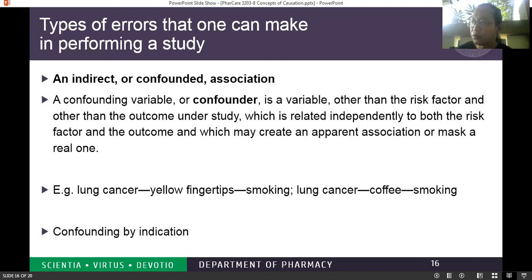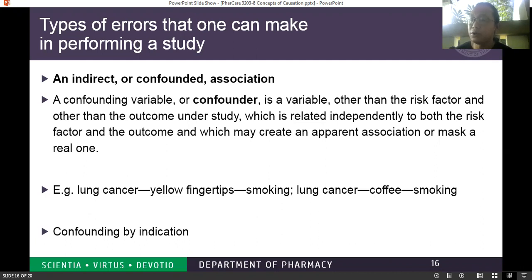But on the other hand, we know that diabetes itself may cause acute renal failure.